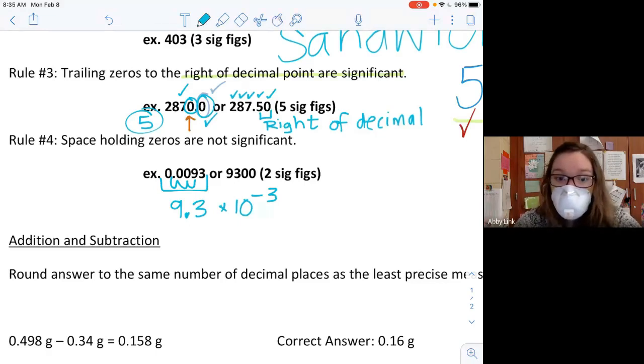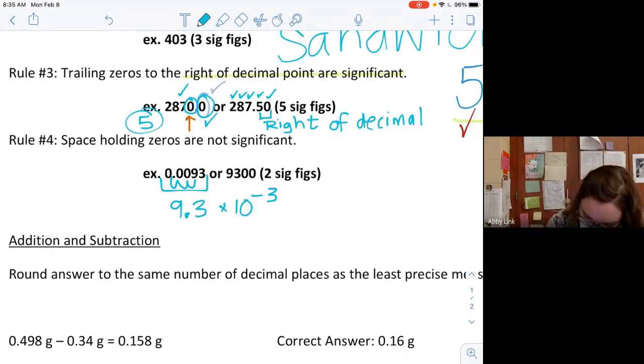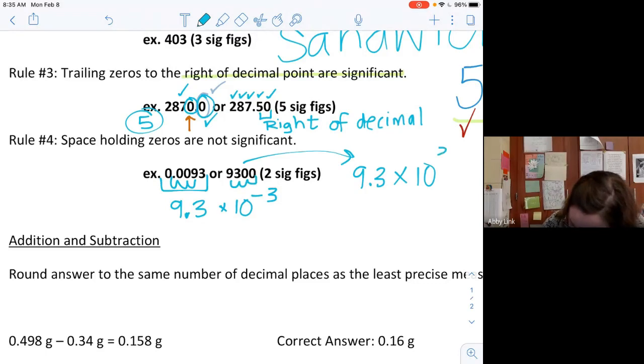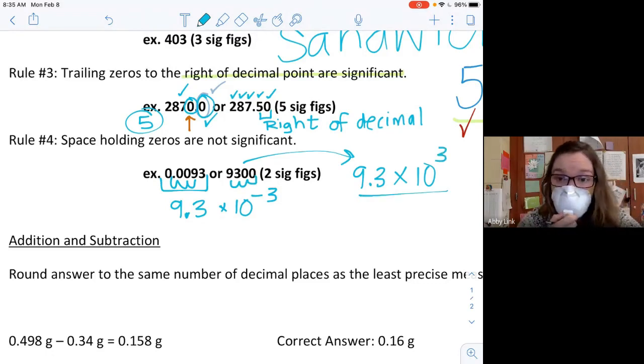All right. Now let's look at our other number here, 9,300. If I were to write that in scientific notation, I would write 9.3 times 10 to the third. Okay, so again, those 2 zeros, I was able to get rid of them. They are space holding, place holding zeros. You can kind of apply the other rules here too, guys.